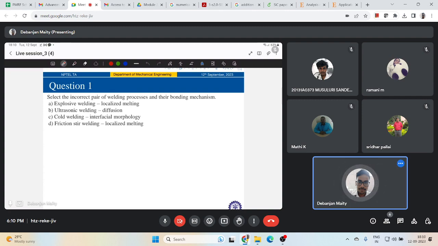And the main funda here is that you can form some intermetallic free welds, right? There are different kinds of welding techniques as I mentioned: pressure welding, ultrasonic welding, diffusion welding, and friction stir welding.